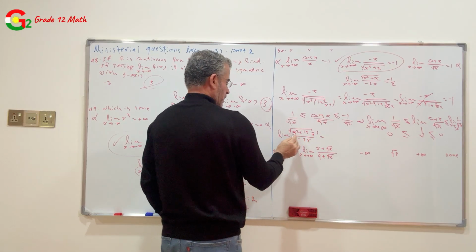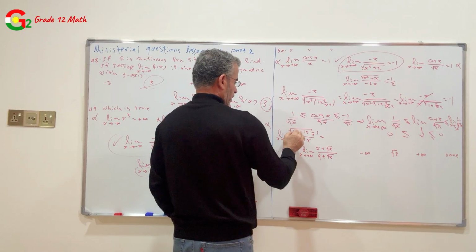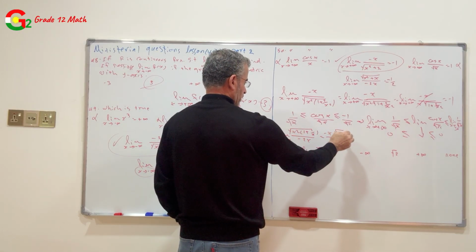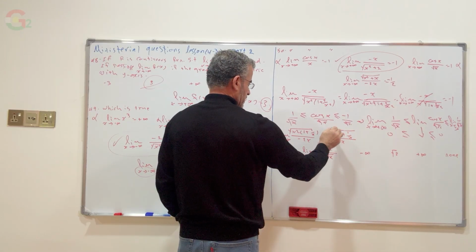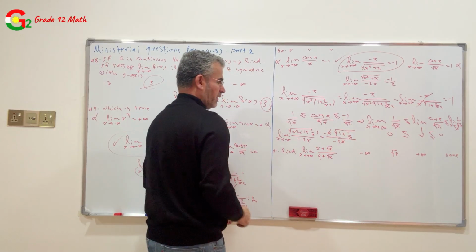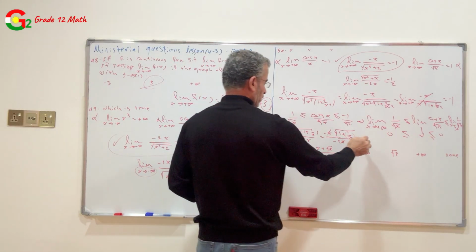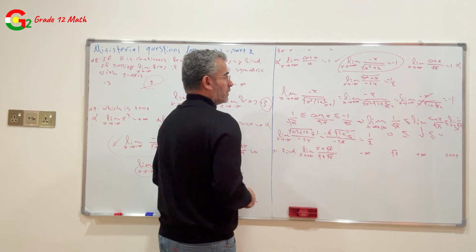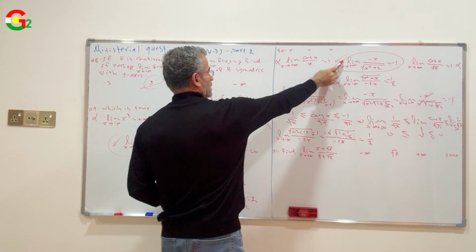Since x approaches negative infinity, square root of x power 2 equals negative x, times 1 plus 1 over x, over negative 2x. Reduce negative x with negative x. 1 over infinity is 0, square root of 1 is 1. Then the answer is 1 over 2, not negative 1 over 2. The right choice is B.